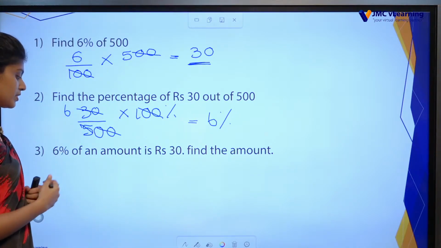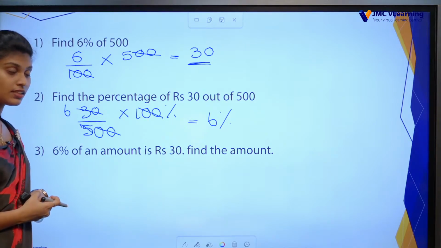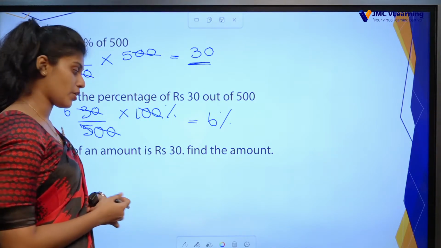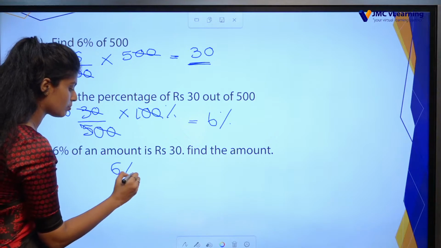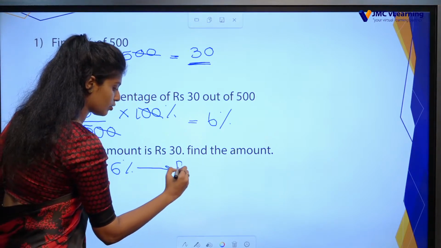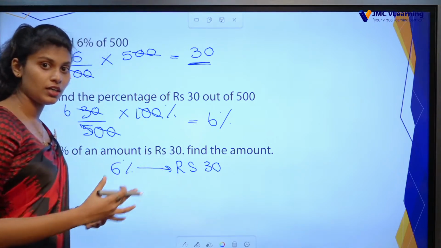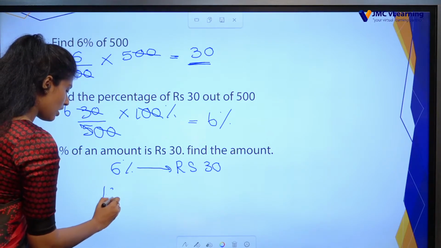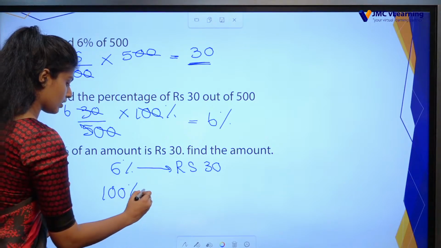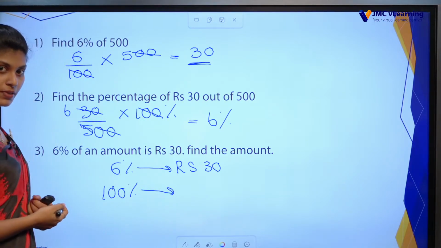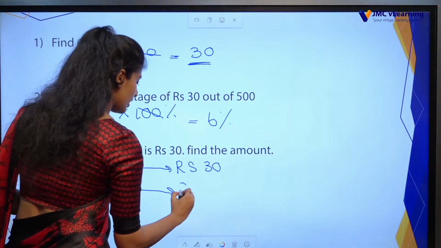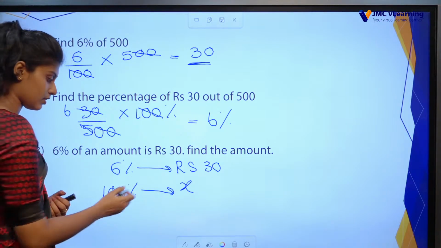Then 6% of an amount is 30 rupees. Find the amount. You have to find the total amount. Total amount means 100% of the money. How can you simplify this one? You can use the cross multiplication method.